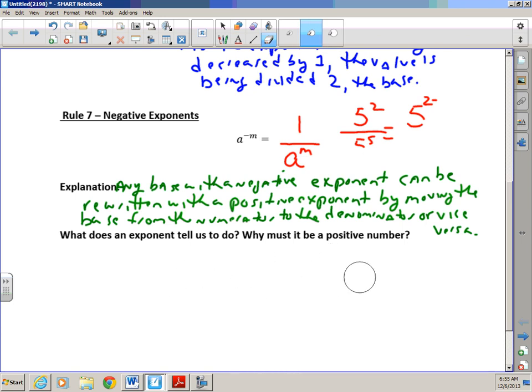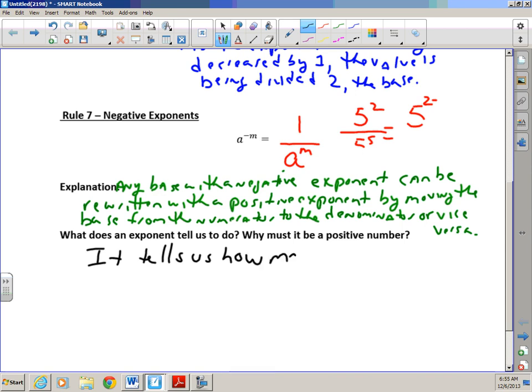So just to finish this up, an exponent tells us how many times to multiply the base by itself.